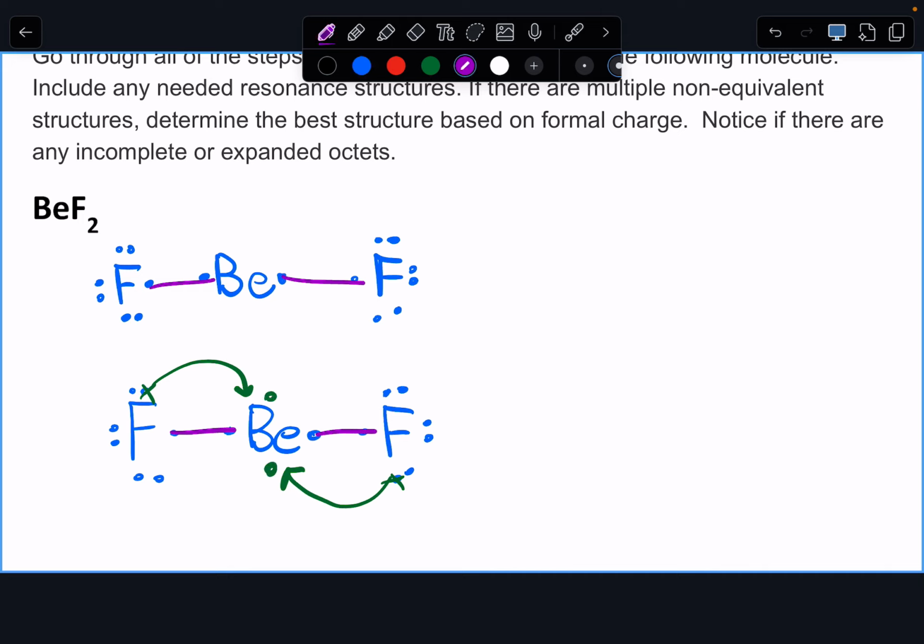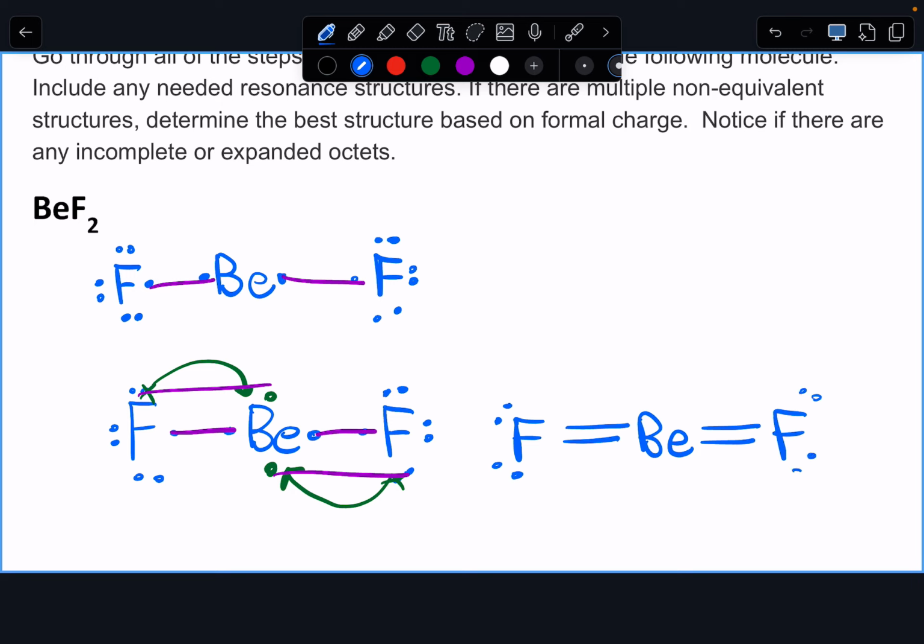Okay, and if I do that, then I can form enough bonds that the beryllium and the fluorine have their octet satisfied. And in the case of carbon monoxide, I did do something kind of similar to this.